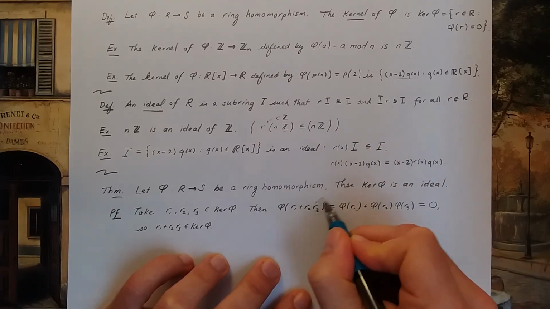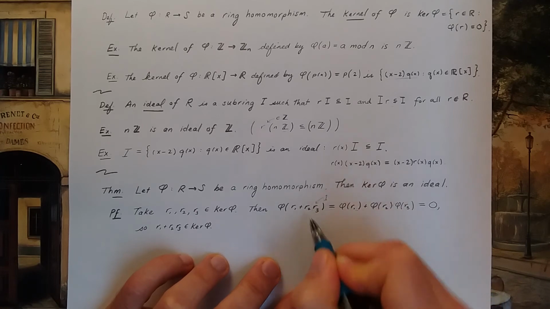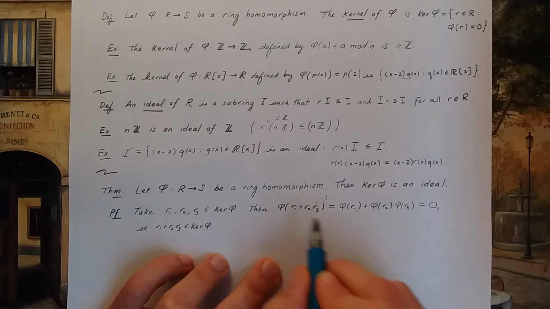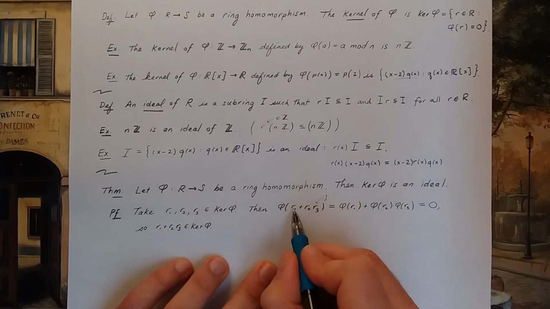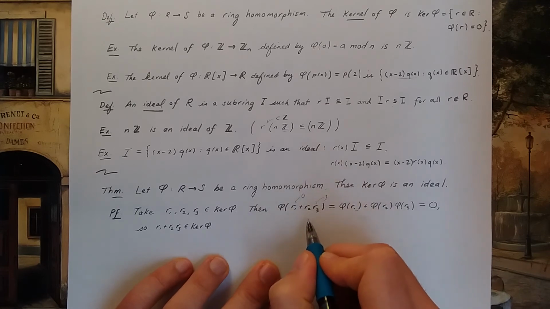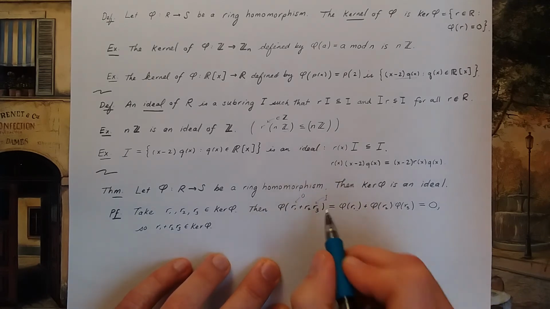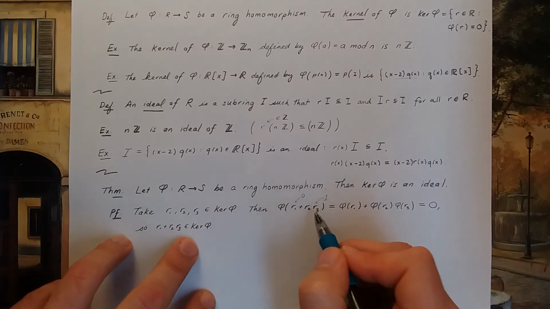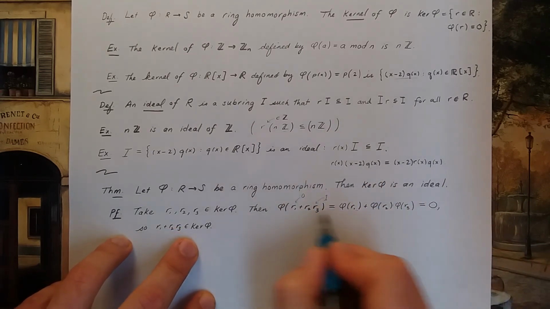I could take this to be the multiplicative identity if I want. Then I'm showing that the kernel is closed under addition. Or I could take r1 to be 0, and then I'm showing it's closed under multiplication. So I showed closure under addition and multiplication kind of in one step here.